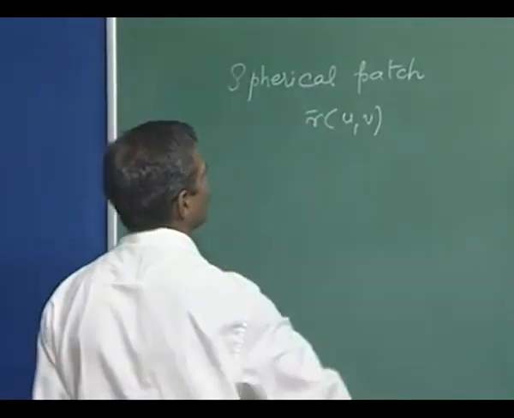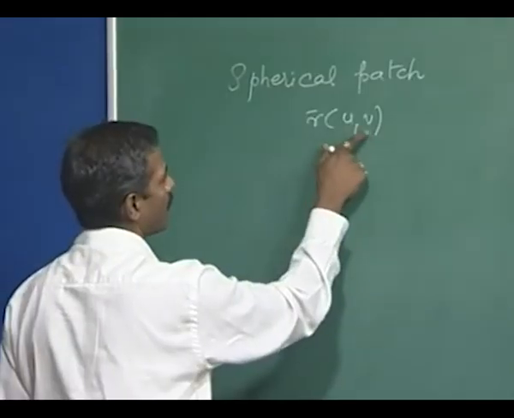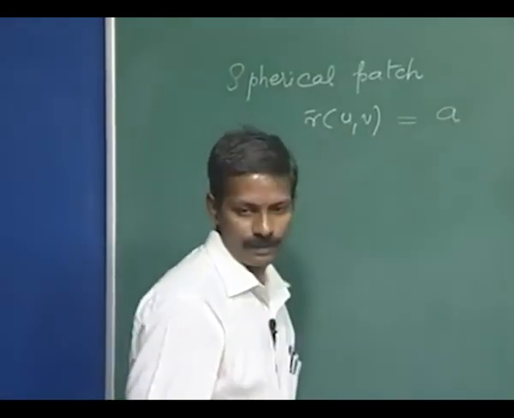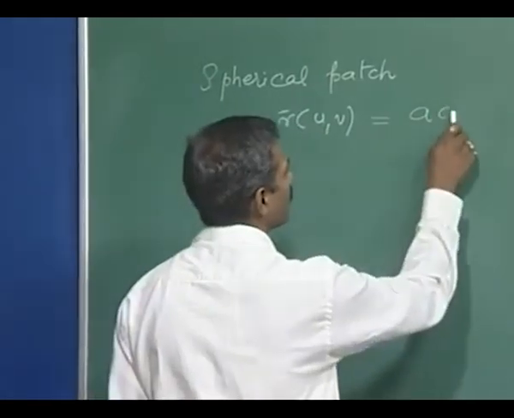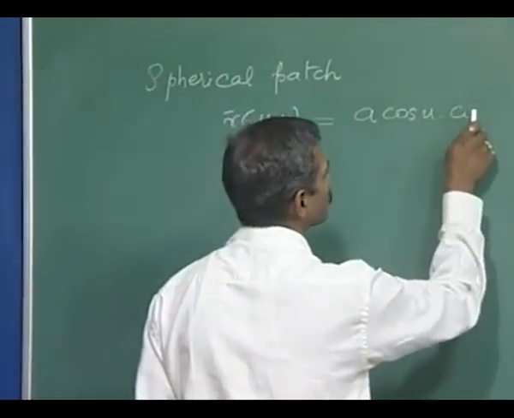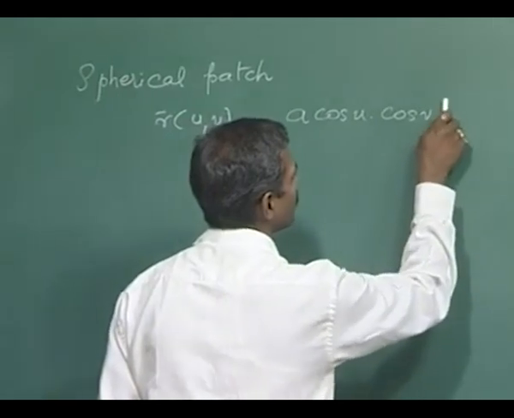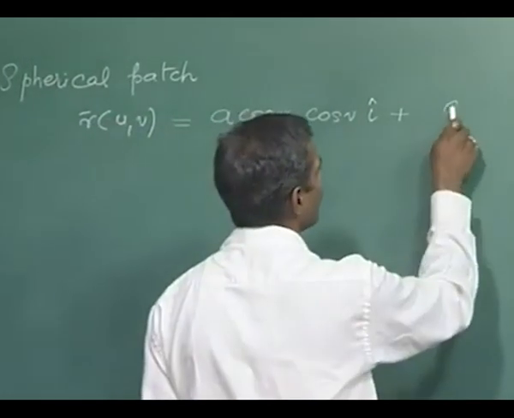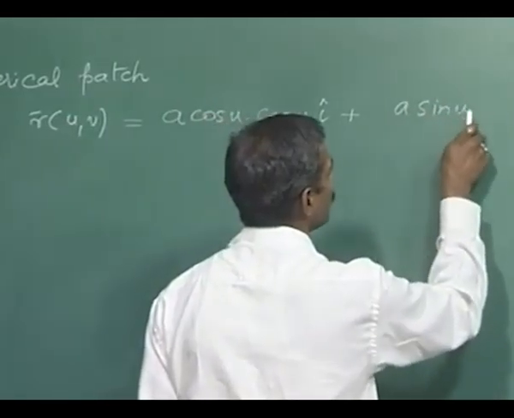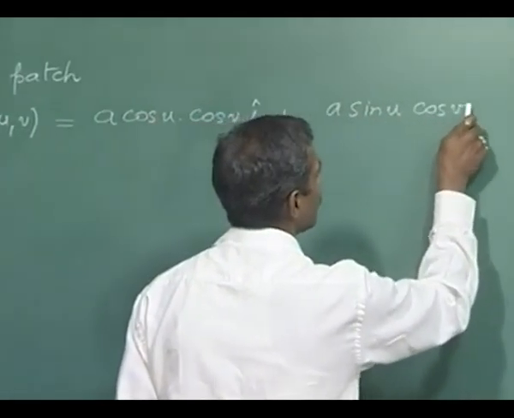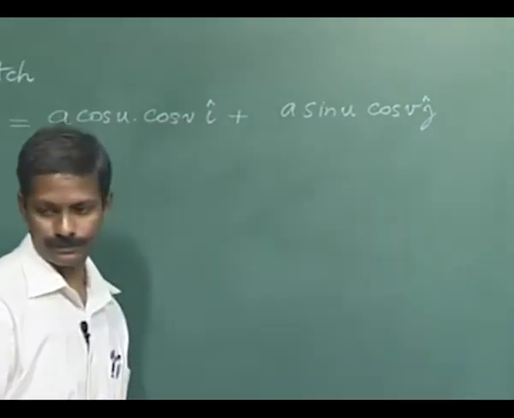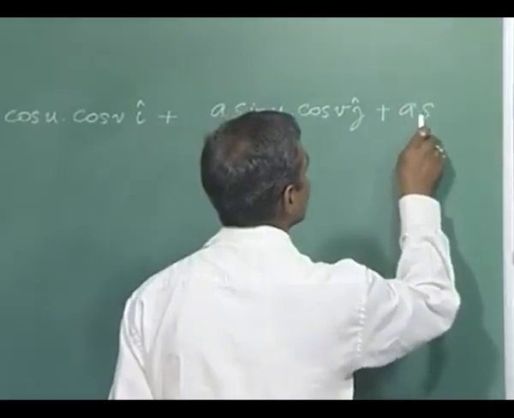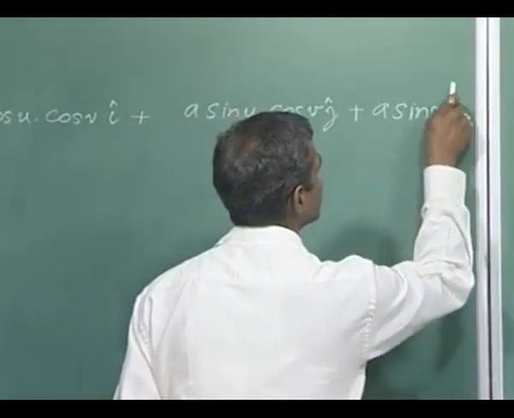So the patch R as a function of two parameters u and v is given by a cosine of u times cosine of v times i plus a sine of u cosine of v times j plus a sine of v times k.